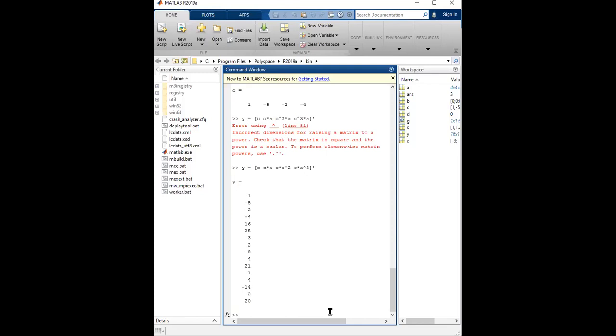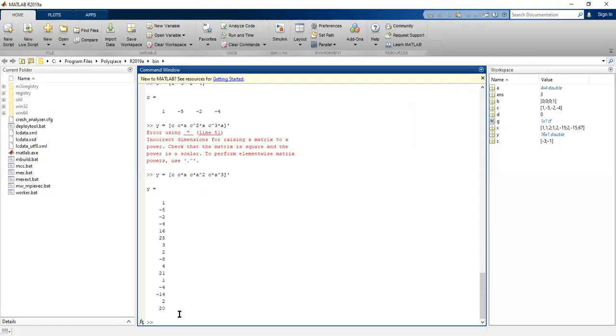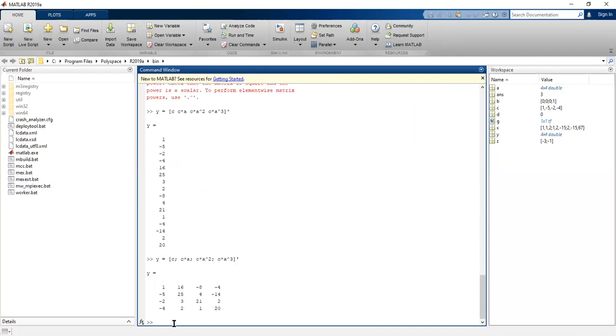Next thing, put it back and put in a semicolon in between each of the terms. Okay.